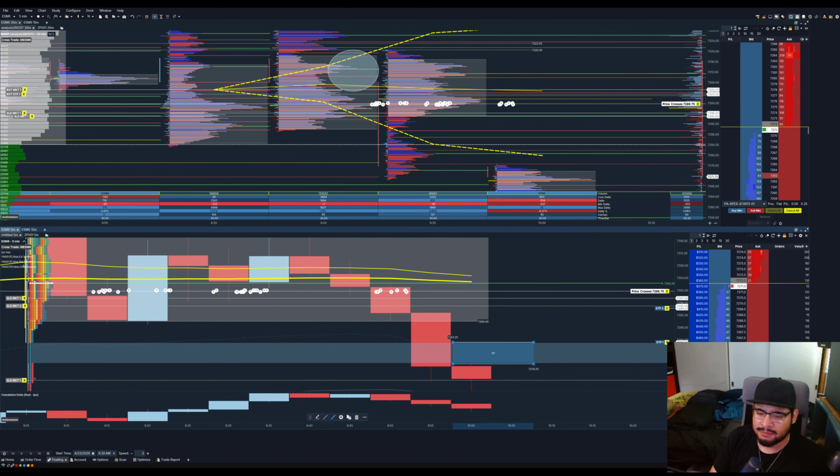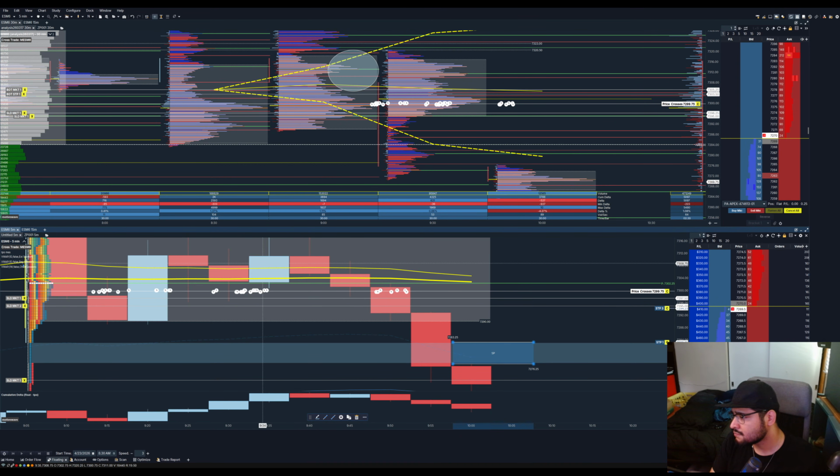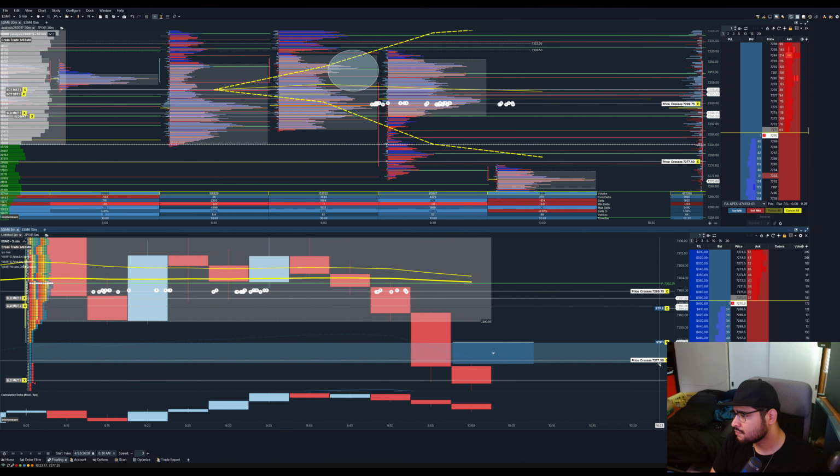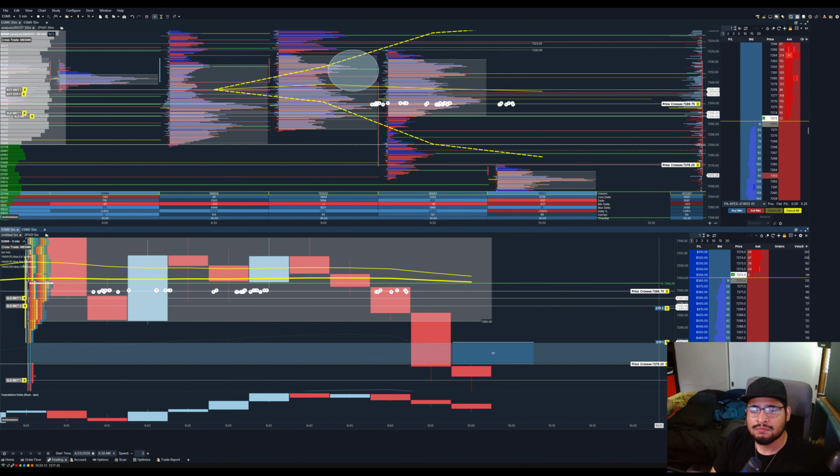But we'll see if that ends up working or not. 72, 76 is where it would start to repair these single prints.